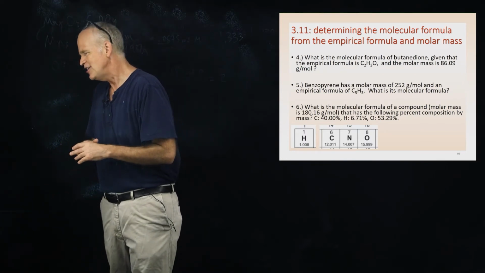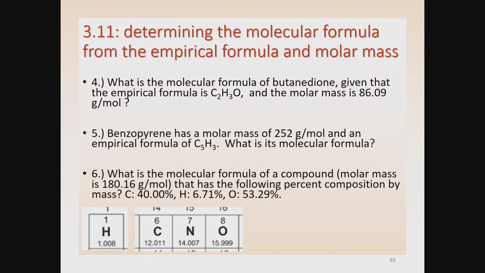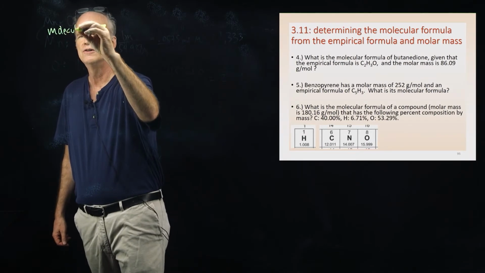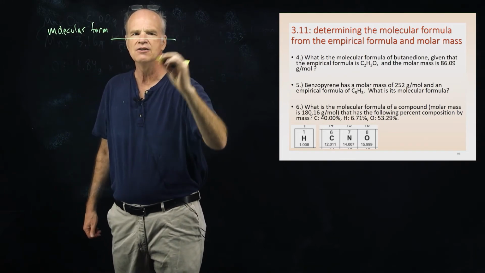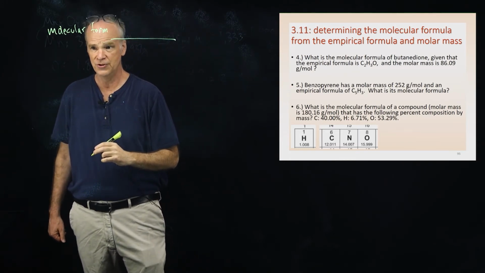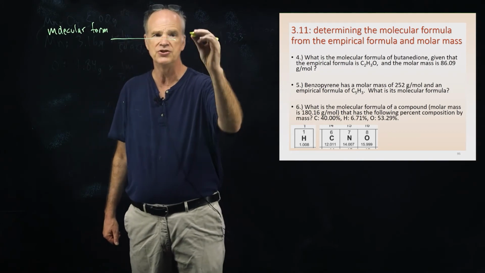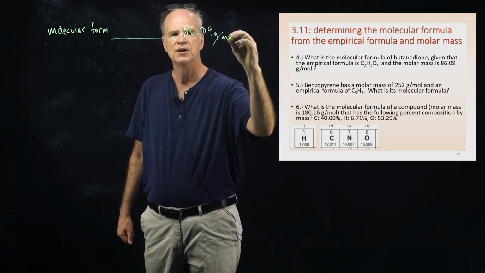Okay, so what is the molecular mass of butadiene given that the empirical formula is C2H3O and the molar mass is 86.09? Okay, so this is what we're going to try to do. We're going to try to get a molecular formula. Now, I'm going to write a blank here. Hopefully we'll get the formula for this compound. And so we do know a molar mass for this compound, which is 86.09 grams per mole.